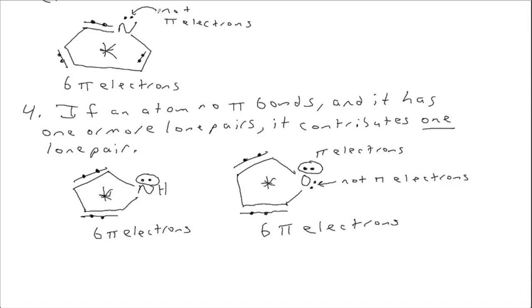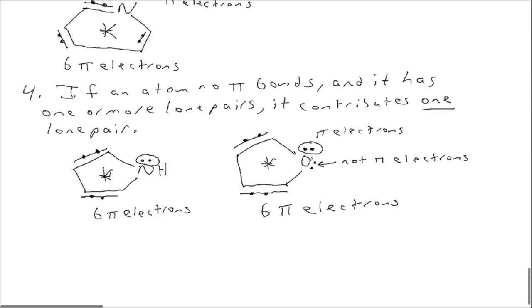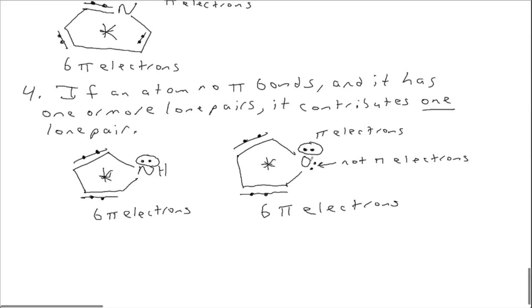But then they can't understand why this lone pair is not pi electrons or why this lone pair is not pi electrons. So hopefully now we see the pattern between these. Lone pairs sometimes can be pi electrons, but not when there's a pi bond on the atom. And you can only have 1 lone pair on each atom that counts as pi electrons. Okay, good. So that would be rule number 4.